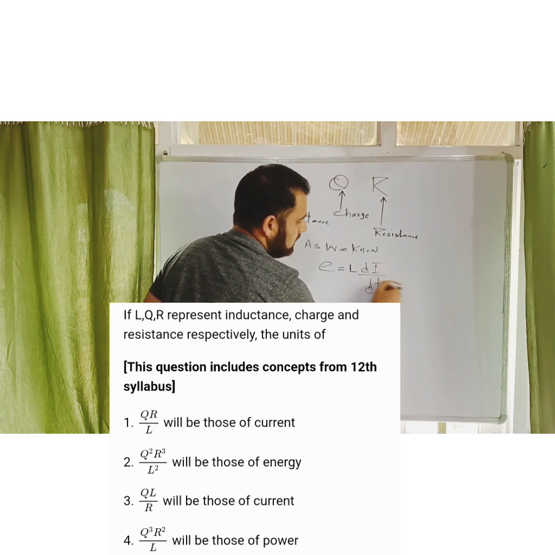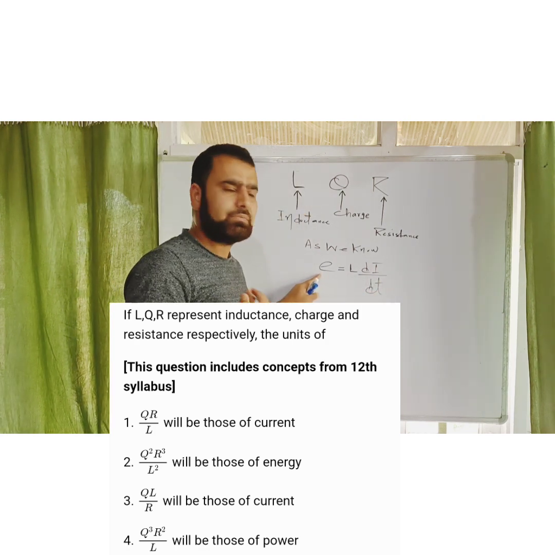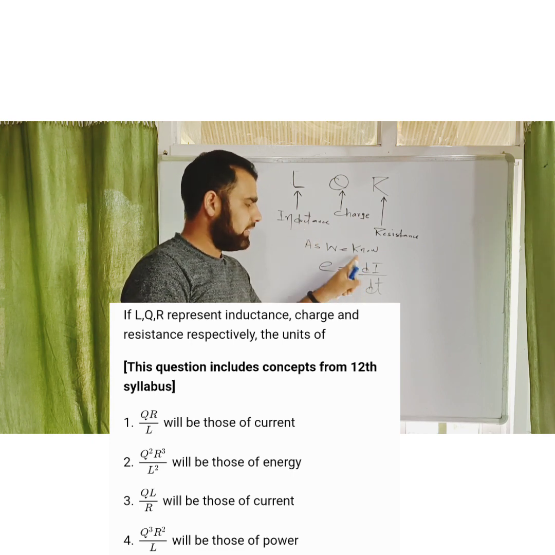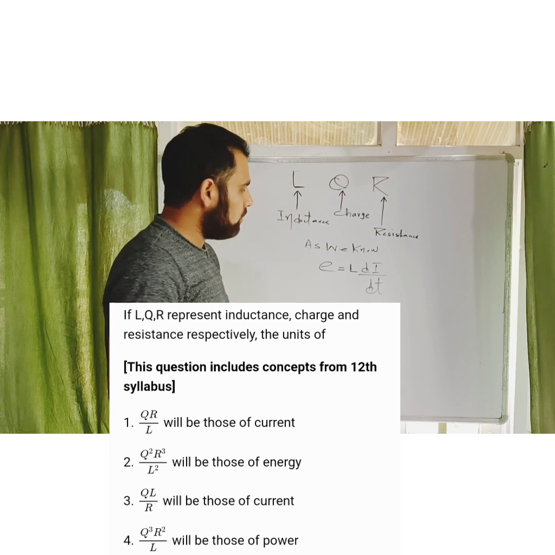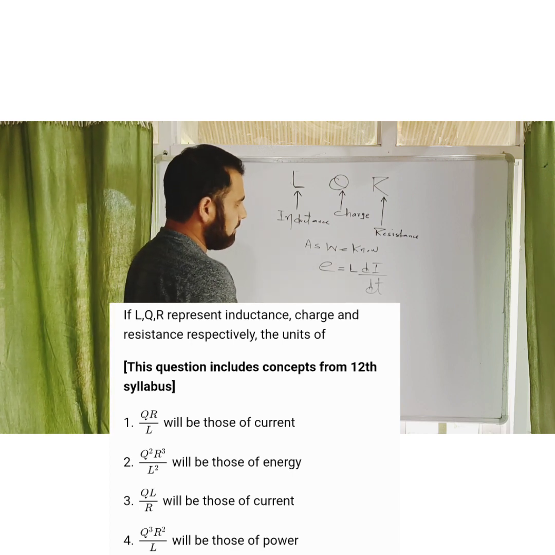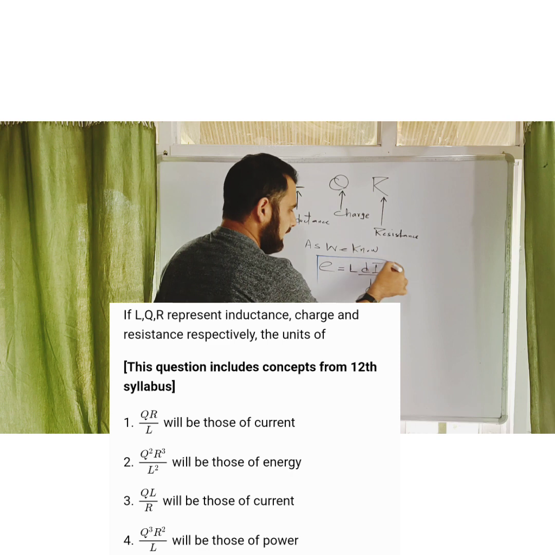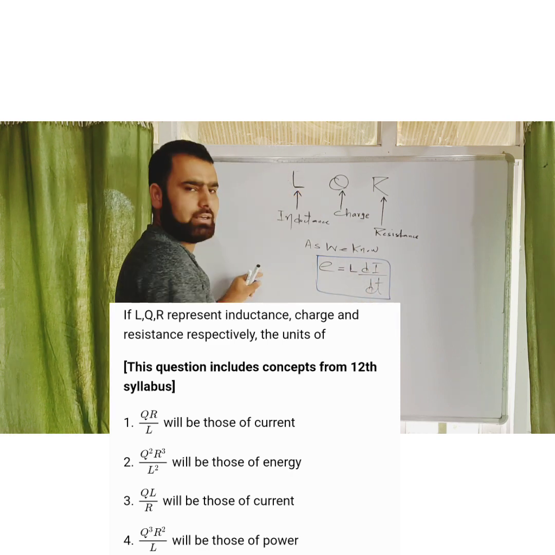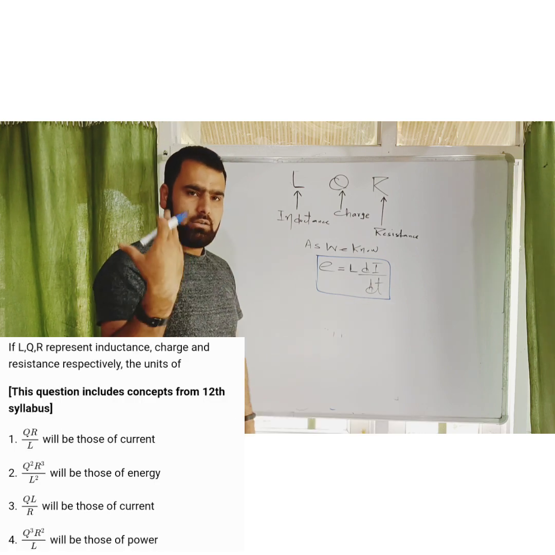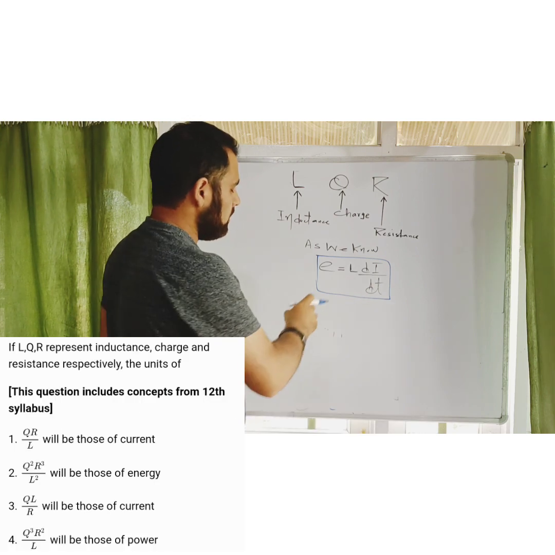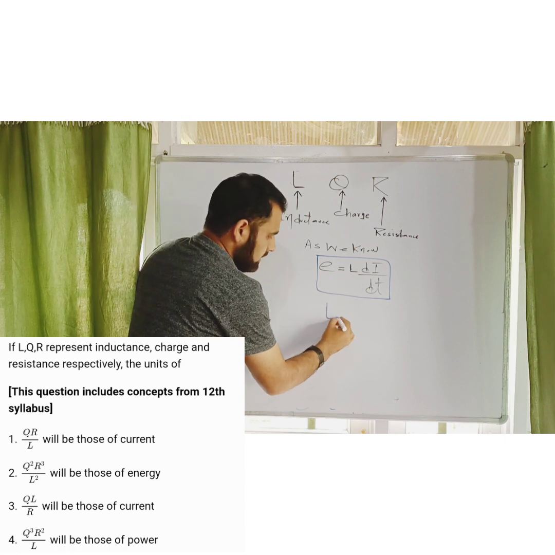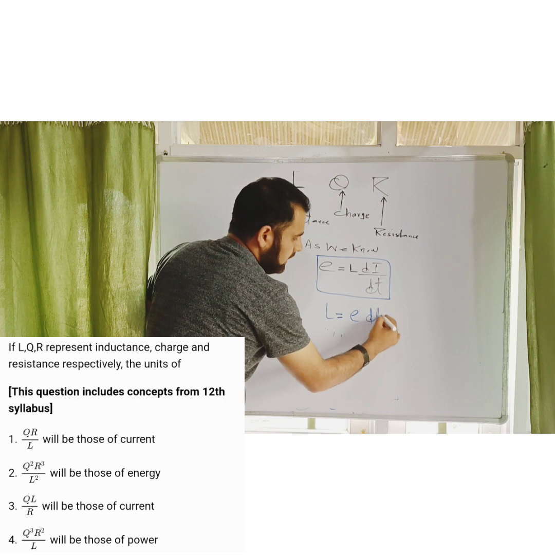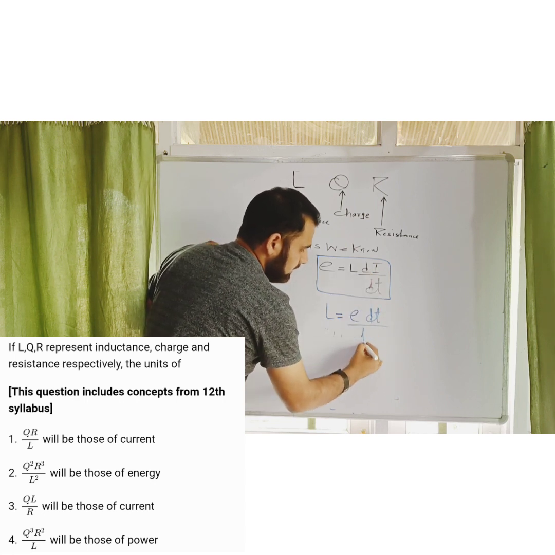This L represents the inductance, di by dt is the rate of change of current. So from here we can calculate the dimensional formula of L. First we need the dimensional formula of L. After that we will find what the question asks. So L is equal to E into dt divided by di.